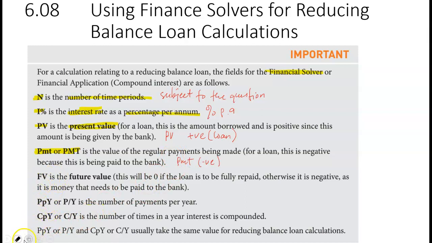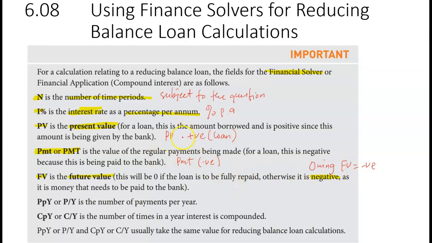Now, future value of the loan. There are two scenarios here. The first one, when you are still owing the bank, the future value will be negative.